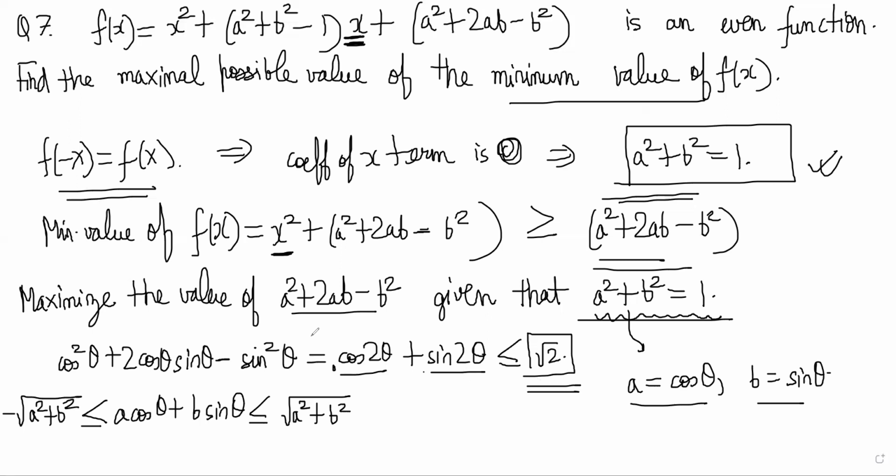So root 2 is the maximum value of this function under the condition a square plus b square is equal to 1. So our answer for the question, the maximum possible value of the minimum value of the function, is root 2. I hope you understood what we are doing here. It's a pretty interesting question and pretty simple as well.